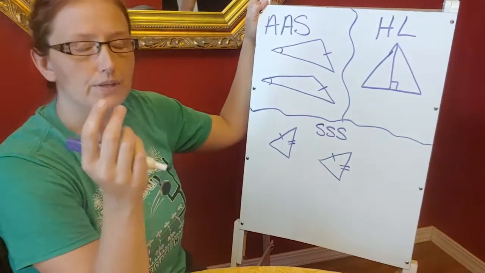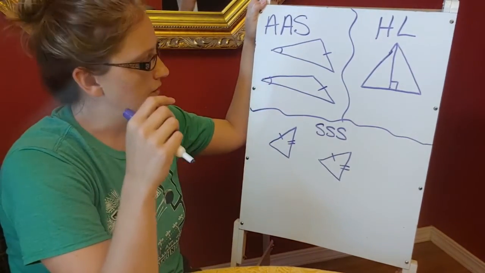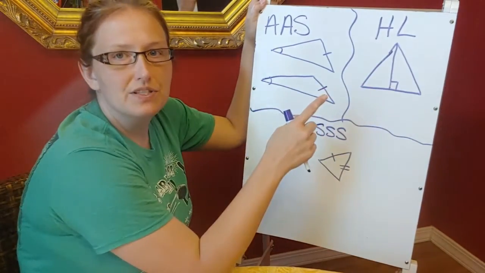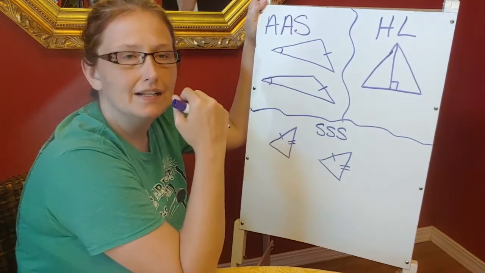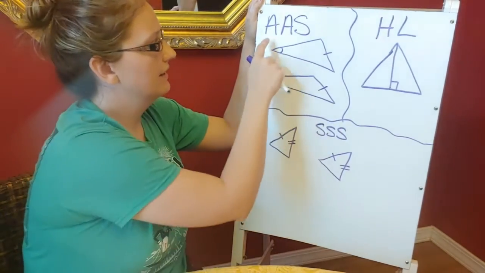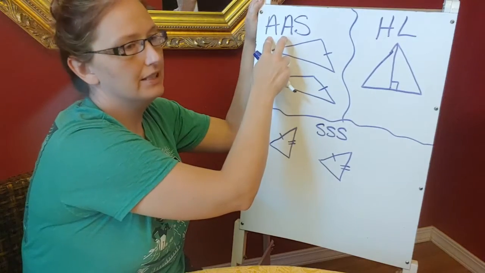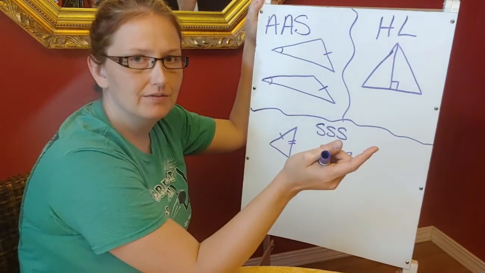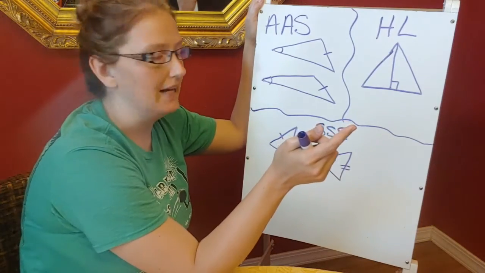Okay, our next three with triangle congruence, we have angle, angle, side. HL is hypotenuse, leg, and then side, side, side. So with angle, angle, side, I'm looking at two angles that are congruent and a side that is not included. Okay, it's not between my angles.